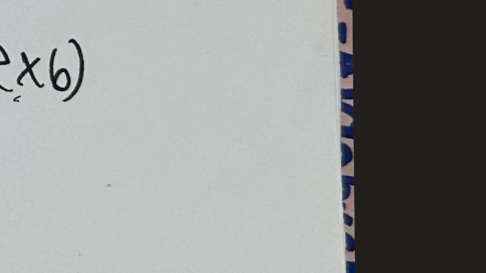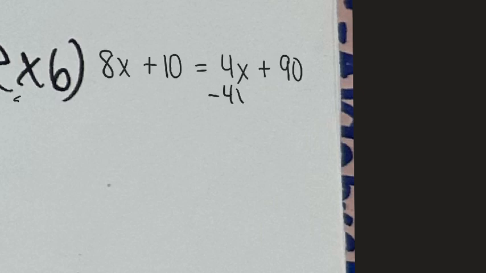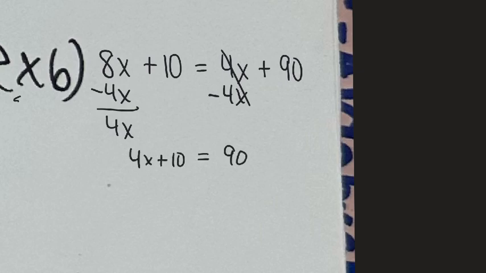What song will I sing to move the 4x? The song I'm going to sing is minus 4x, minus 4x. Cross out, what's my answer? Okay, now we need to rewrite the question: 4x plus 10 equals 90.